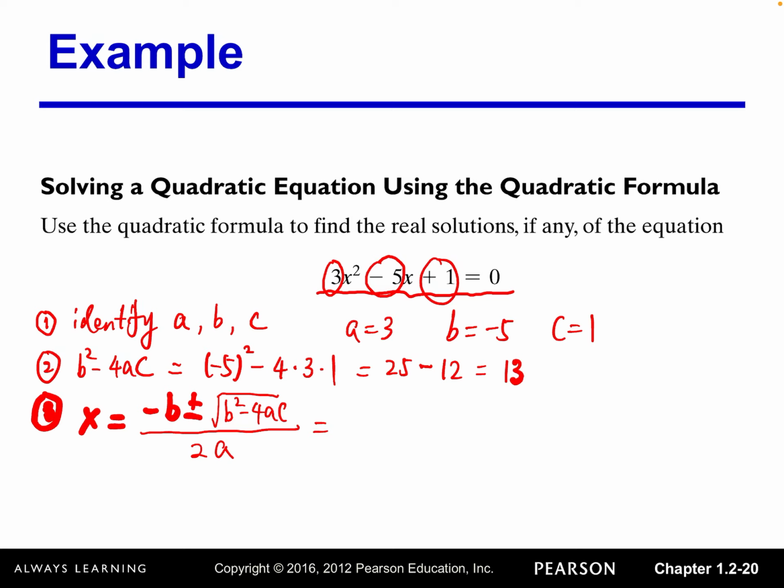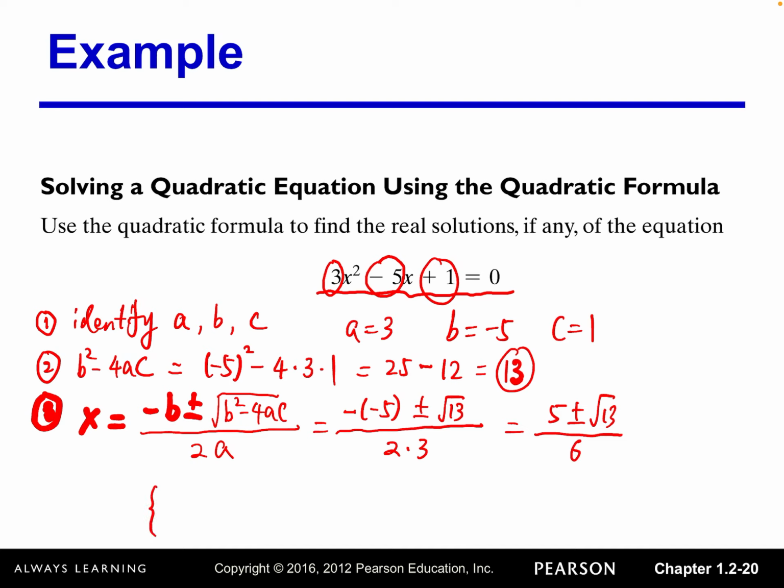Negative b, that's negative of negative 5. I just write out the actual step. Negative of negative 5 is actually positive 5, plus or minus the square root of 13, since we already evaluated the discriminant, so we can use it directly, divided by 2 times a equals 3. That gives us 5 plus or minus square root of 13 over 2 times 3. We simplify that to 6. So we have two solutions.